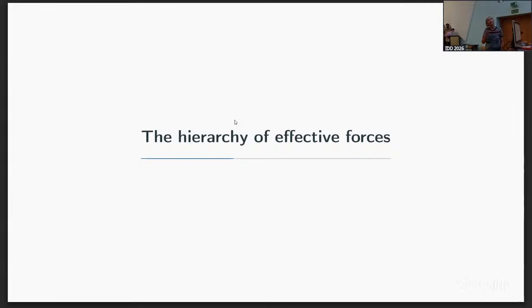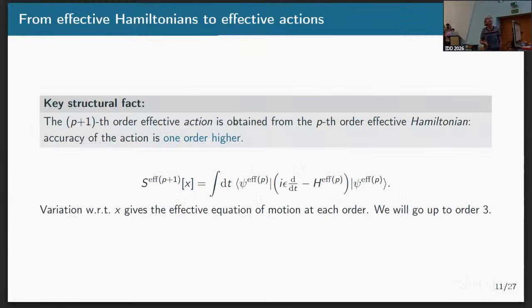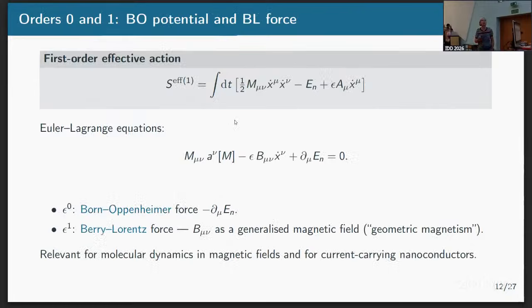And now, once we have the effective Hamiltonian, we want to get the effective equation of motion. So we will use the effective Hamiltonian to write the effective action for this part of the system. And then with the standard variational principle, we will get the equation of motion in each order.